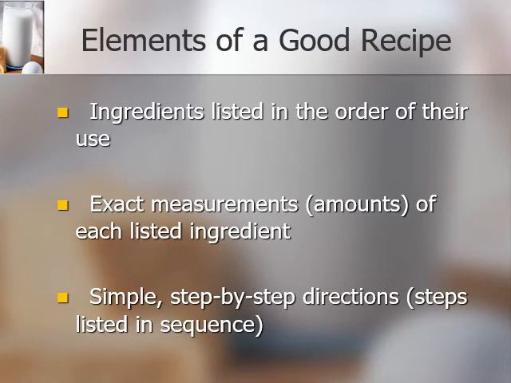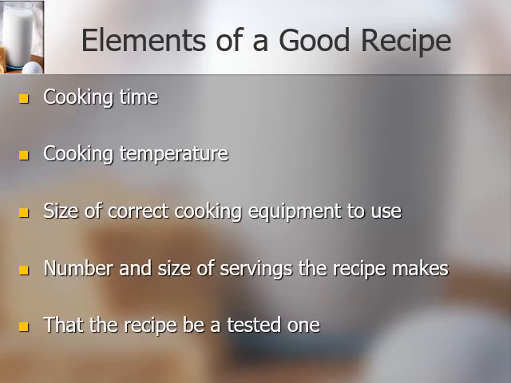Other elements of a good recipe include having ingredients listed in order of their use, the exact measurement amounts of each ingredient, and simple step-by-step directions listed in sequence. Cooking time, cooking temperature, the size of correct cooking equipment, the number and serving sizes, and the recipe that is a tested one are all examples of a good recipe.